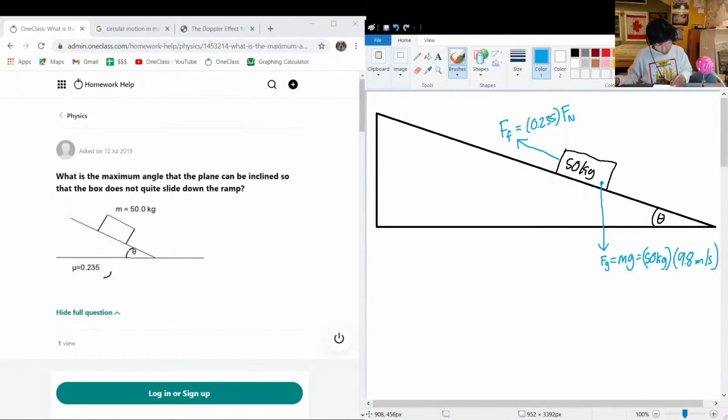And just to find that out quickly, so we have a numerical value, because the weight force is always going to be the same. It's never going to weigh less. No balloons attached to it, or nothing like that. It's going to have a constant weight. So we got 50 times 9.8. We get 490 newtons. Cool.